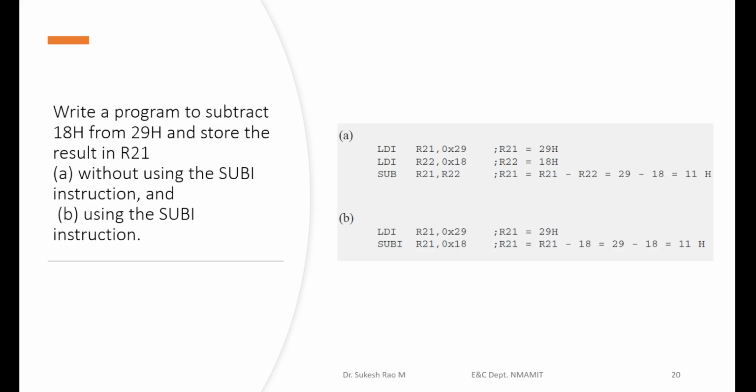That's a straightforward subtraction. Another is using subi. Only one register is taken into consideration, loading 29. The other is literally the value 18 taken as it is with the subi. That's the only difference. Just take a closer look at these instructions and try to understand how they are implementing.